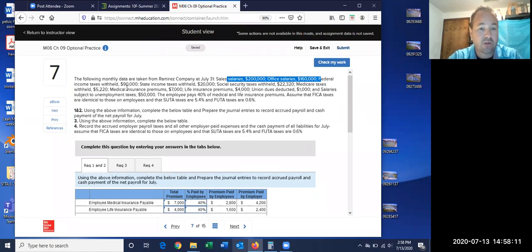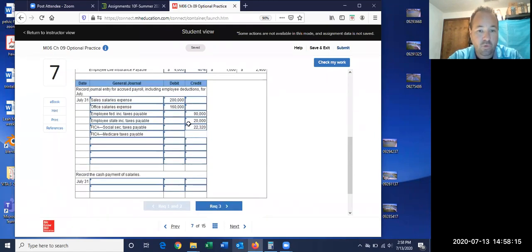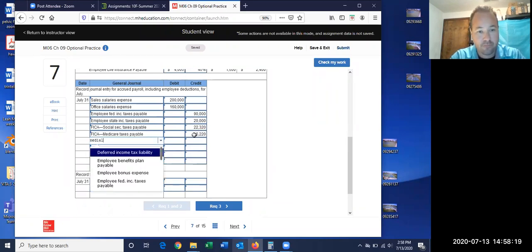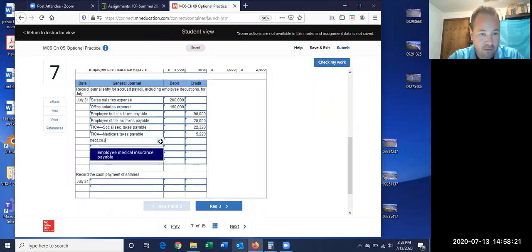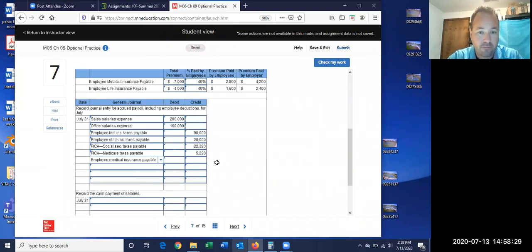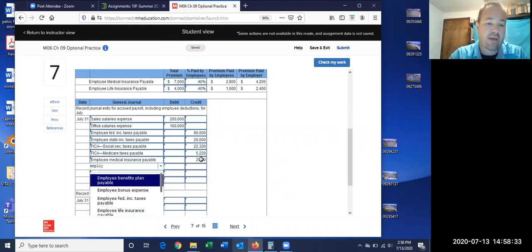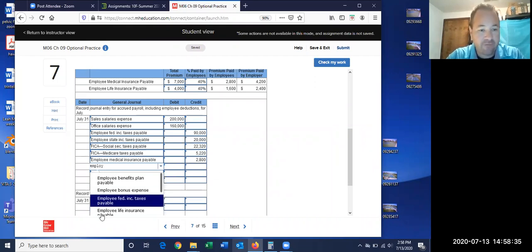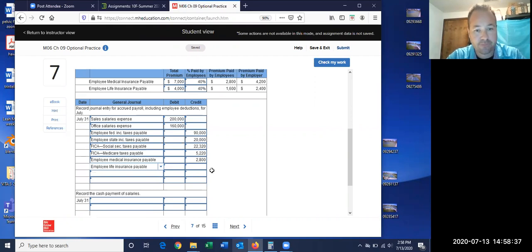And then the next one is our medical insurance premiums. Employee medical insurance. How much does the employee pay? Well, that's what we did right here. 2,800. And then we have the employee life insurance, and they pay 1,600.